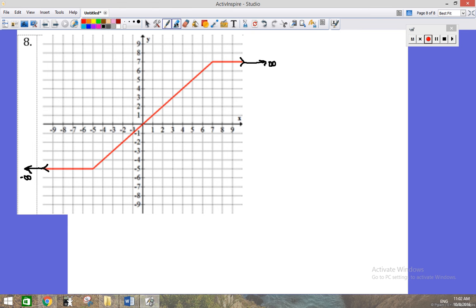So as I enter the graph on the left, I know that until I get to this point, which has an x-coordinate of -5, the function is constant. The function is also constant over here. Now, it's not the same constant value, but the function is constant. In this interval, as x changes, y remains constant.